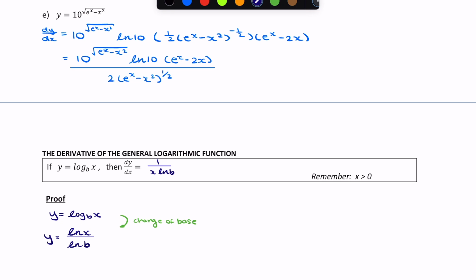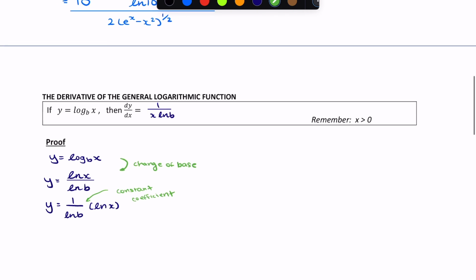Here we have our constant coefficient. We can rewrite this as y is equal to 1 over ln b multiplied by ln x. So that's the same thing as ln x over ln b. Again, this would be our constant coefficient.